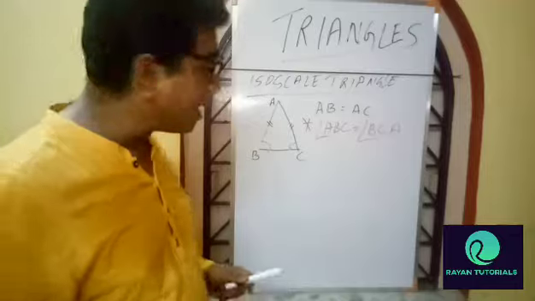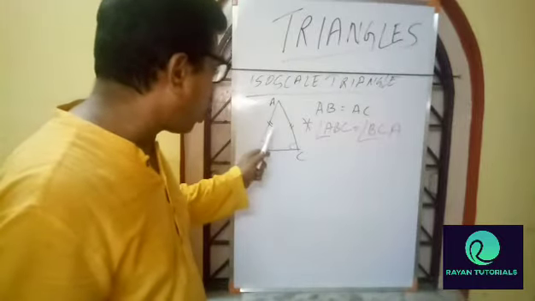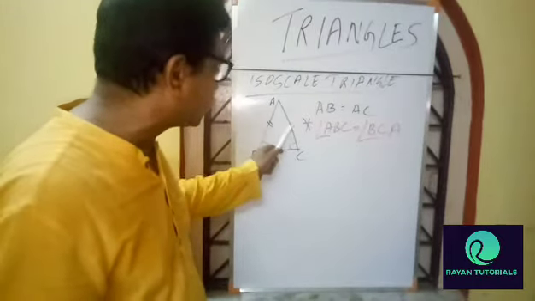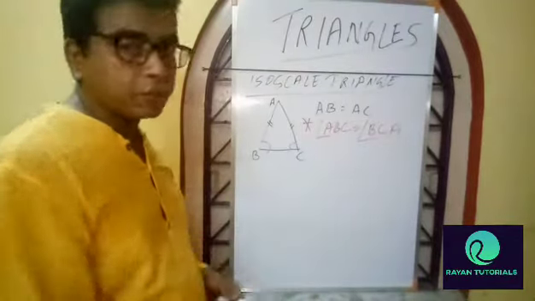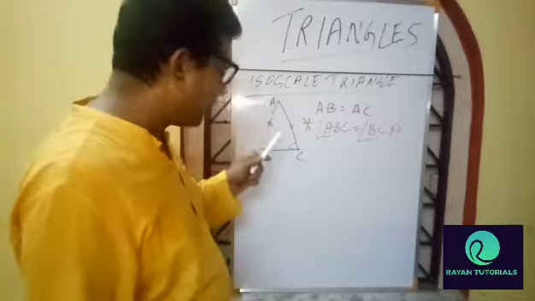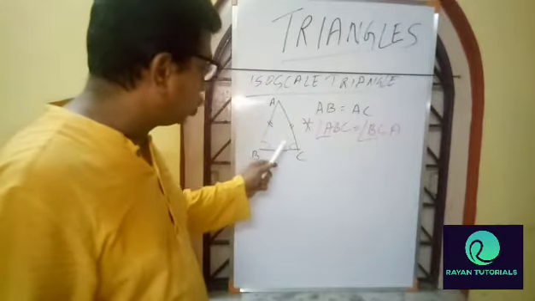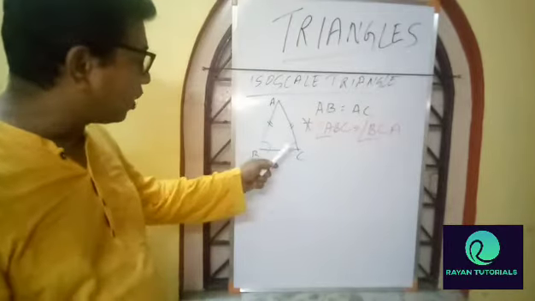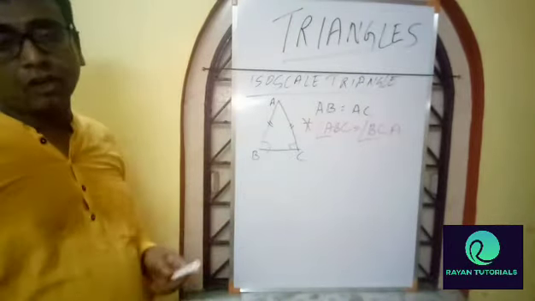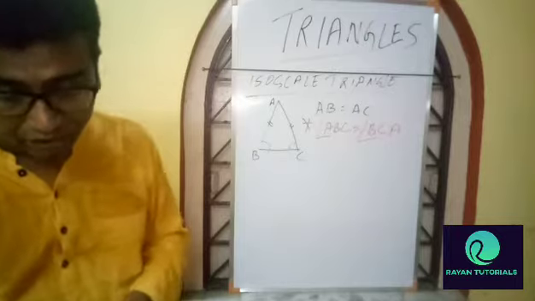So in an isosceles triangle, the angles opposite to the equal sides will be equal. Clear? The converse also holds. If two angles of a triangle are equal, then we can call it an isosceles triangle.